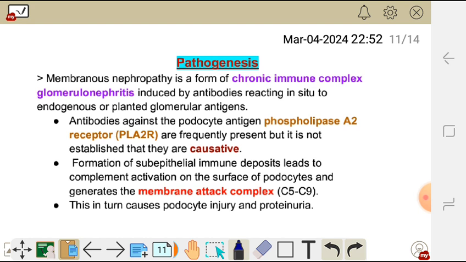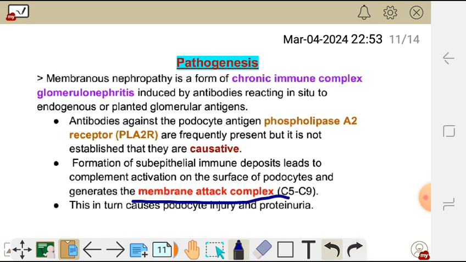Okay, so the formation of that subepithelial immune deposit, that complex, will lead to complement activation. We know that the Fc portion of the antibody can activate the complement system, more especially the classical complement pathway, and that will lead to formation of the membrane attack complex.